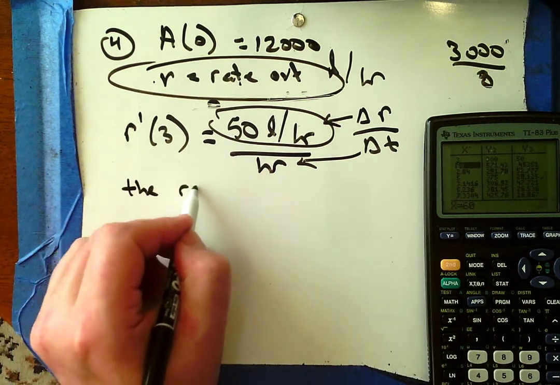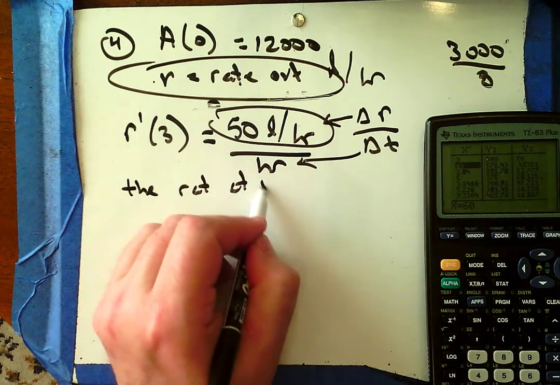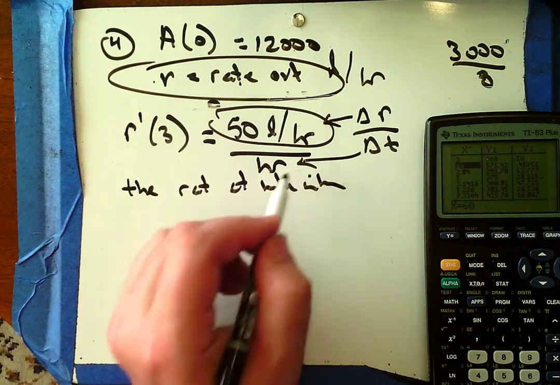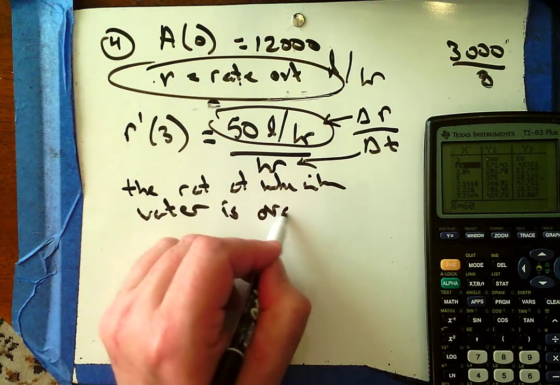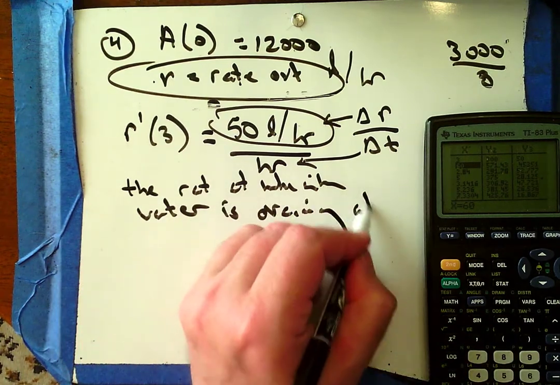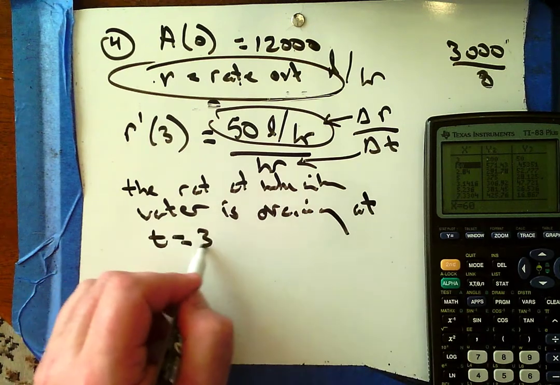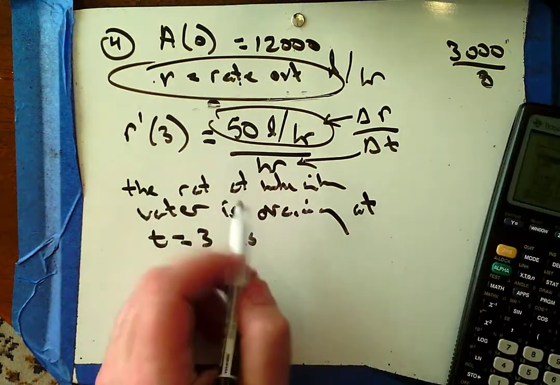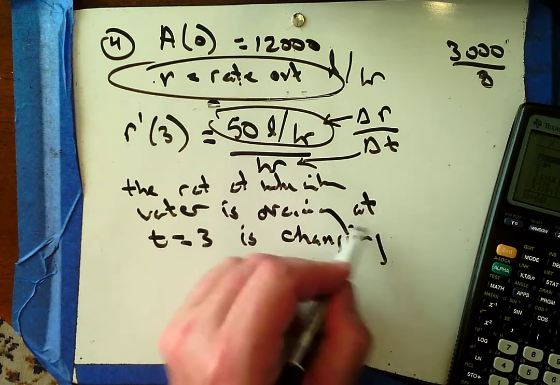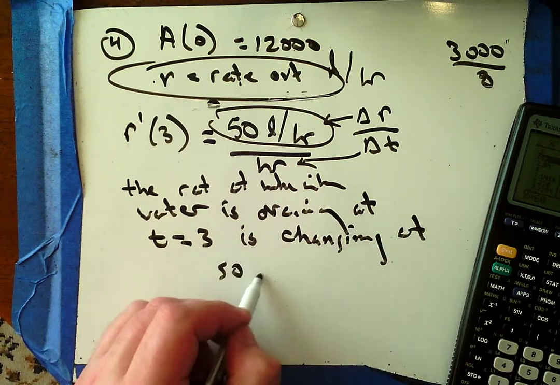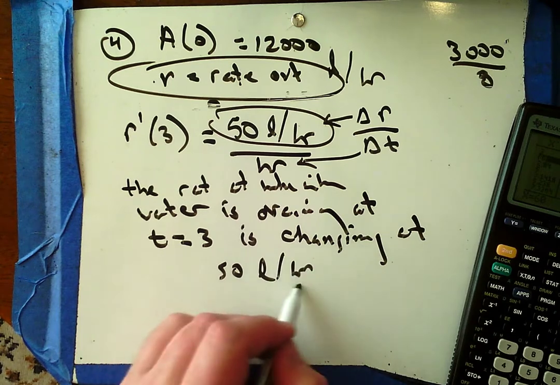The rate at which water is draining at t equals 3 is changing, that's a safe word, changing at 50 liters per hour.